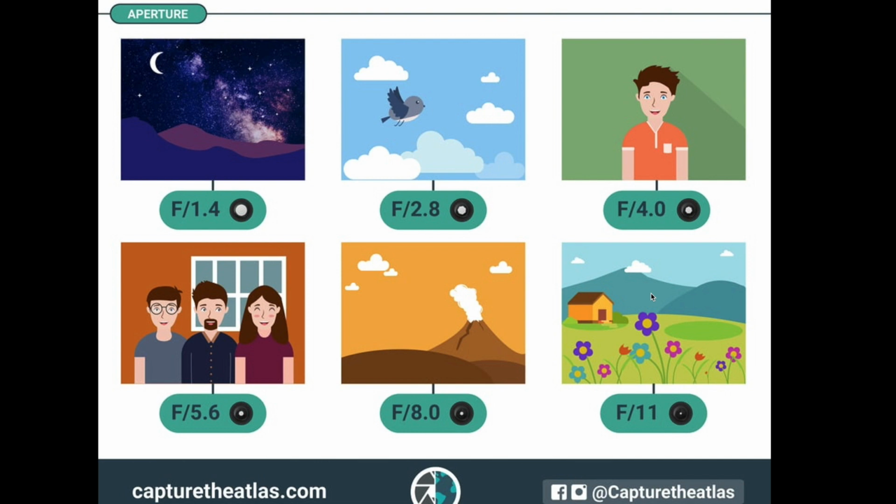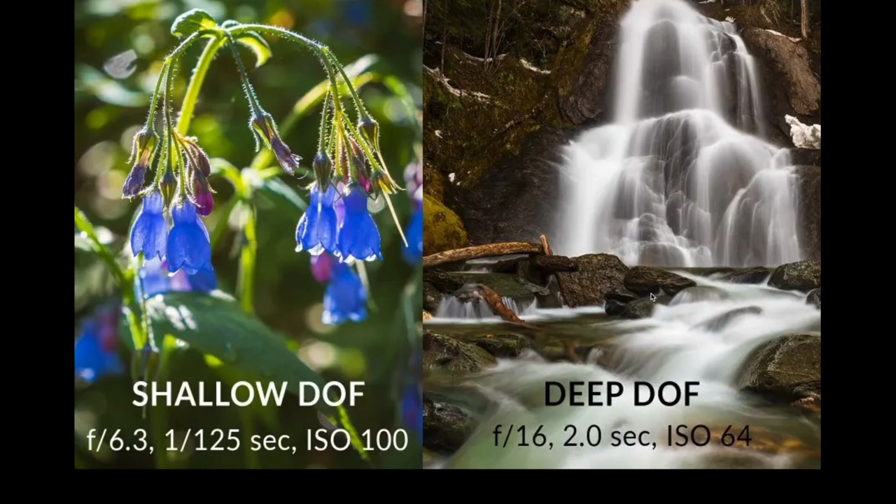So as we go through depth of field, you want to ask yourself, what do you want in focus? Do you want most items in focus, or you just want a selective area in focus? And that'll help you decide what kind of depth of field you want in your photograph.